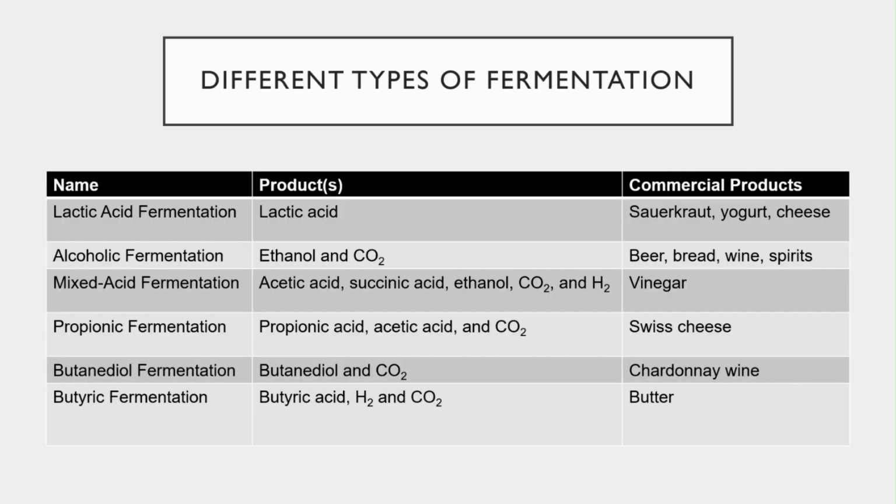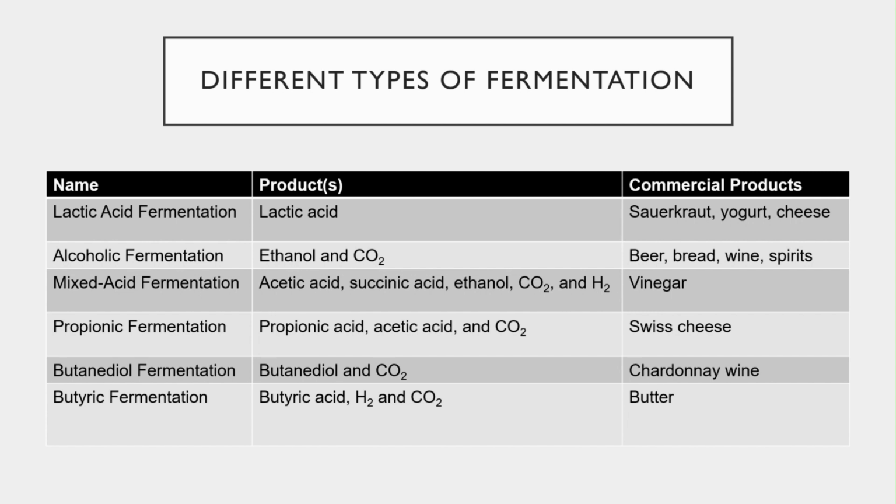Here is a list of the different types of fermentation, the chemical byproducts from their organic terminal electron acceptors, and the commercial products that utilize these metabolic pathways. We've discussed lactic acid fermentation and alcoholic fermentation. There is also something called mixed acid fermentation, which leads to the production, namely, of acetic acid, which is vinegar.